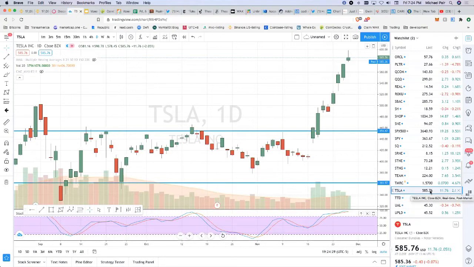But with the advent of brokerages now doing fractional shares, even if you had $25, you can buy $25 of Tesla. Let's say you're going to put $1,000 in. You may split that $1,000 purchase into 3 or 4 pieces.